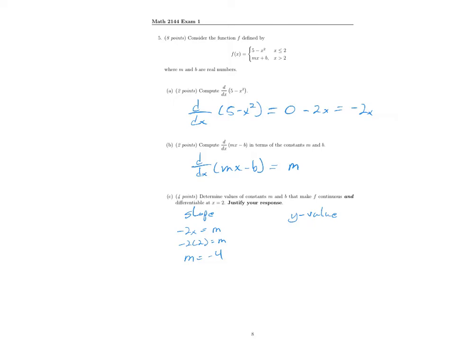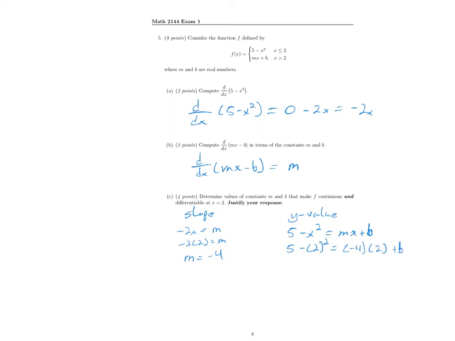And now to find our y value, we're going to want to set both sides of that equation equal to each other. So we're going to have 5 minus x squared is equal to mx plus b. We're doing this at the value x equals 2, so we have 5 minus 2 squared equals m, which we just found out was negative 4, times x, which is 2, plus b.